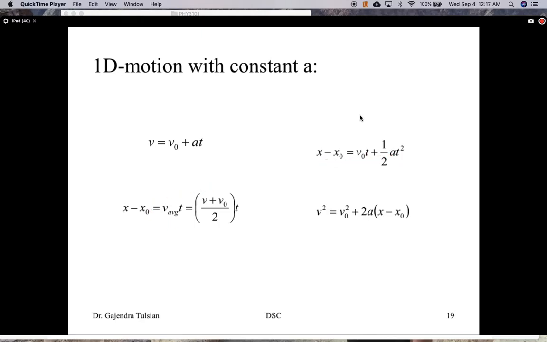The more useful formula is the displacement is initial velocity times time plus 1/2 times acceleration times time squared. And this gives you the final velocity as a function of displacement. So these are the kinematic equations that we will use to solve problems.